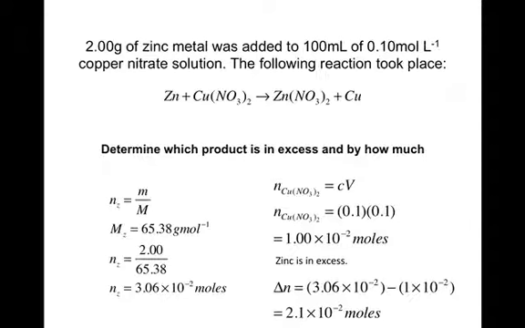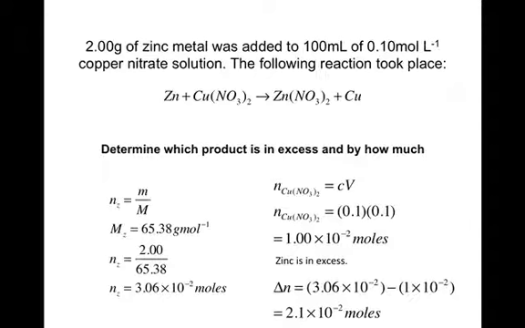Now first off, we're looking at zinc metal, so if we want to calculate the number of moles, which is obviously going to be handy when we're answering that question there, we're going to need to look at the solid formula for actually calculating number of moles, not the solution formula. So we're going to be looking at n equals little m, which is the mass, over big M, which is the molar mass.